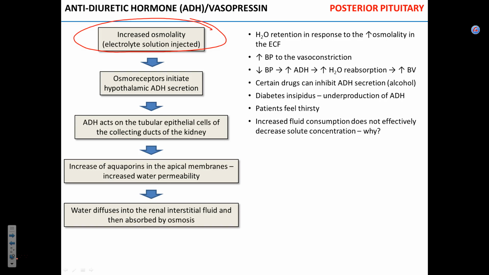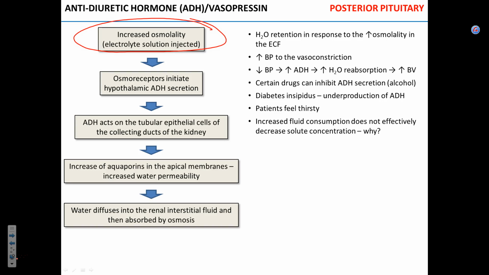You can artificially do that. You can take some salt solution, inject it into the patient, and it will increase osmolality in a patient's extracellular fluid, and hypothalamus will sense it immediately.